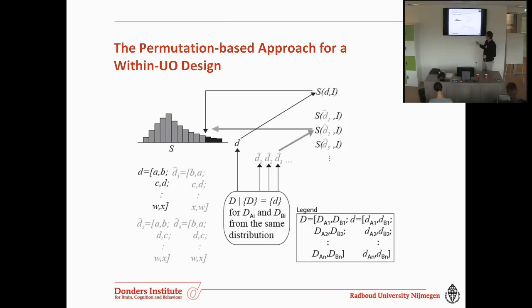This means that we only permute the elements within every subject. For subject 1, we can permute those two. For subject 2, we can permute those two, but it's not allowed to permute across subjects. You cannot replace a data point of subject 1 by a data point of subject 2. But for the rest, the logic is just the same.